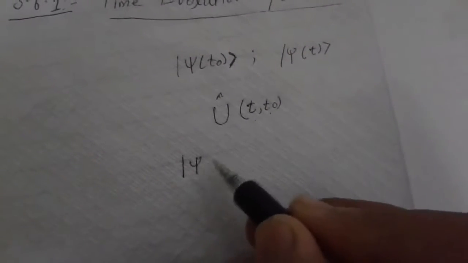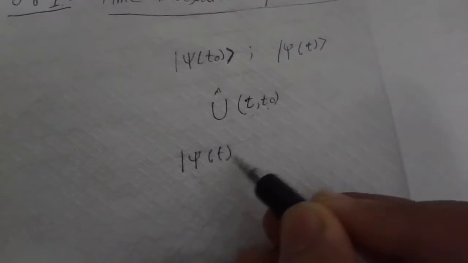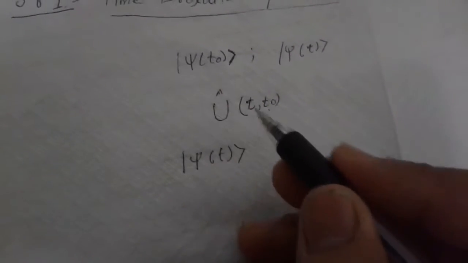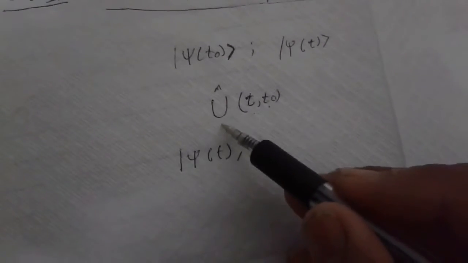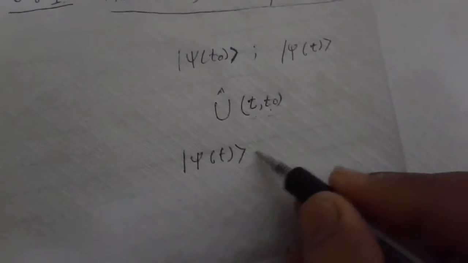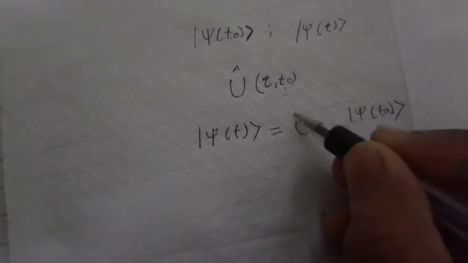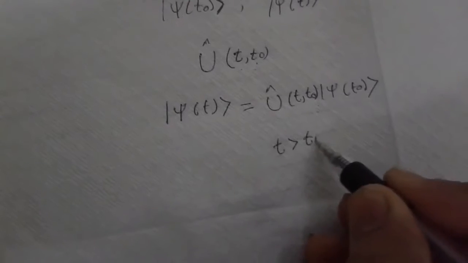We can define that the final state of the system is related with these two things, the unitary operator and the initial state. Final state is equal to the unitary operator U of t and t naught times the initial state of the system, psi of t naught. We remember that the final time t is always greater than the initial time t naught.